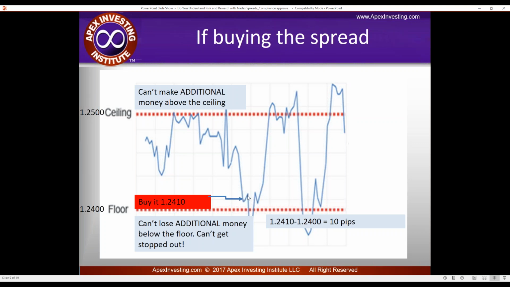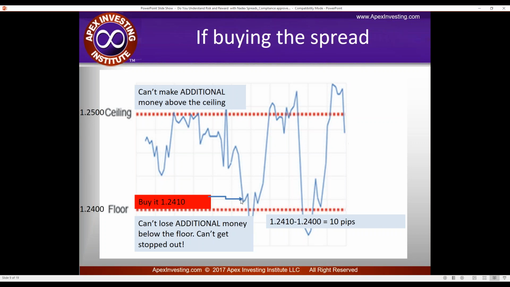Make sense? So again, what is the one thing I love about Nadex? Upfront defined, maximum capped, known risk. I know before I enter this trade that the very most I can lose is 10 points or $10.